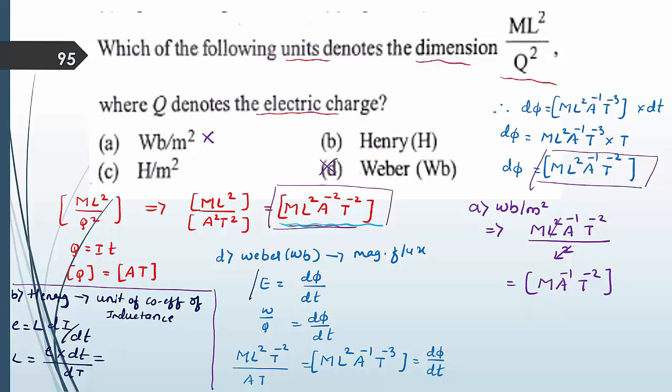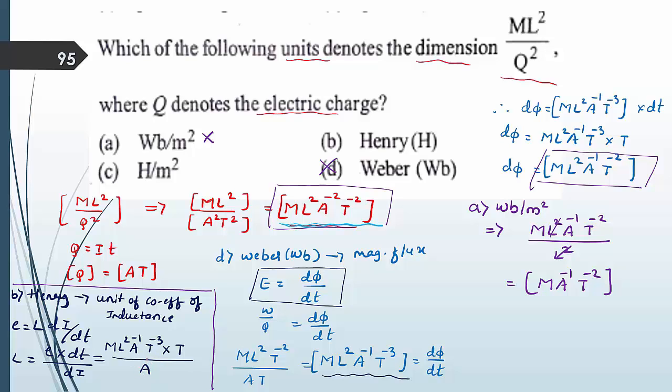E equal to d pi by dt, right? E means what here? EMF. So here E equals d pi by dt, this value we can substitute here. M L square A raised to minus 1 t raised to minus 3 into time t divided by di, this is not dt, this is di, which means ampere.